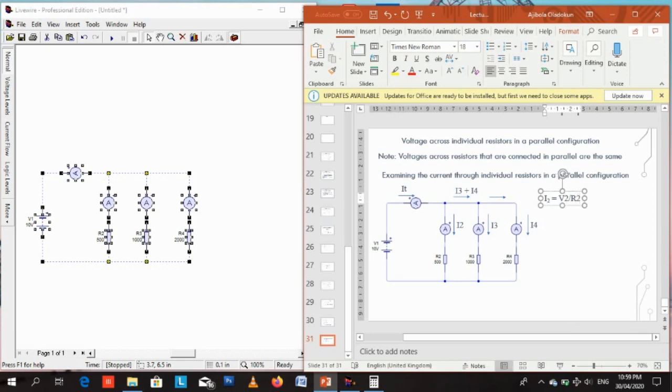Now for I2, from Ohm's law, we know that V equals IR.